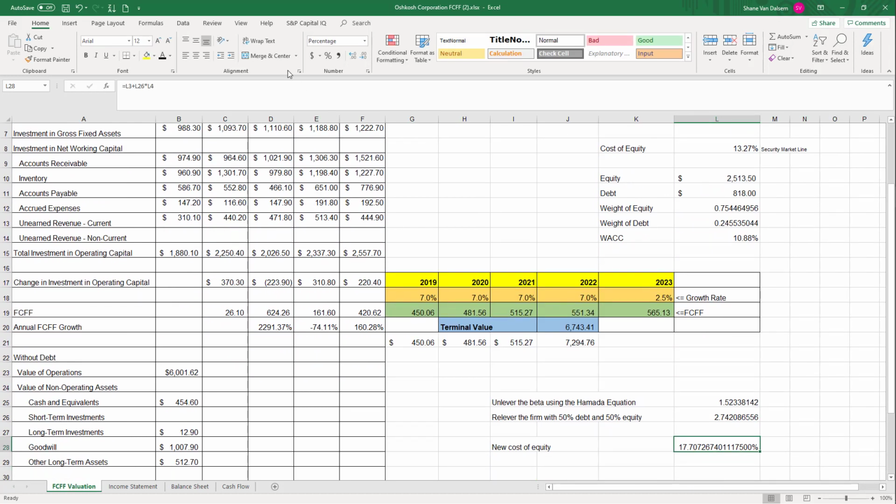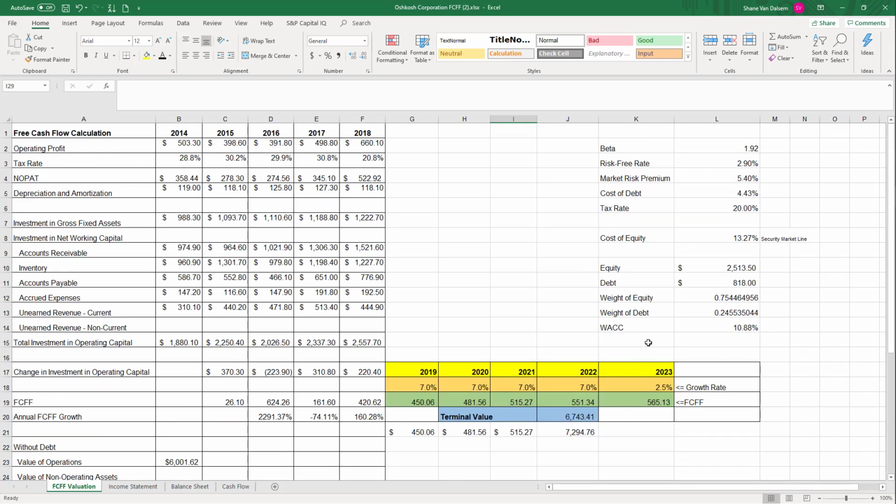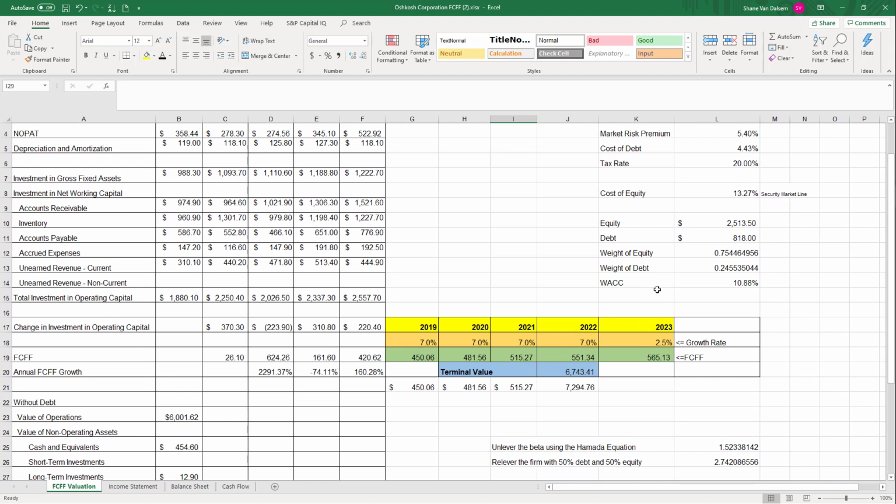So it's 17.70%. So we see an increase there. So we increase the debt, increase the required rate of return on equity because it increases the risk to the equity holders. And then the required rate of return on debt, in this case, we're going to say it's not going to change, although it might go up.